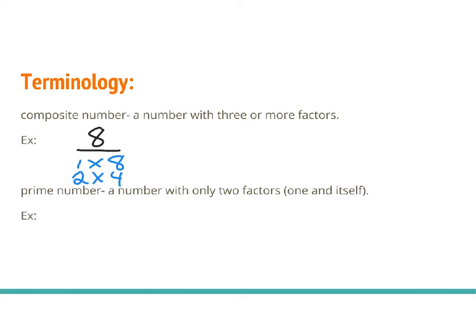So my factors of 8, in fact, that's all of them right there, are 1, 2, 4, and 8. Those are the factors of 8. And this makes 8 a composite number because it has 4 factors. It just has to have 3 or more.